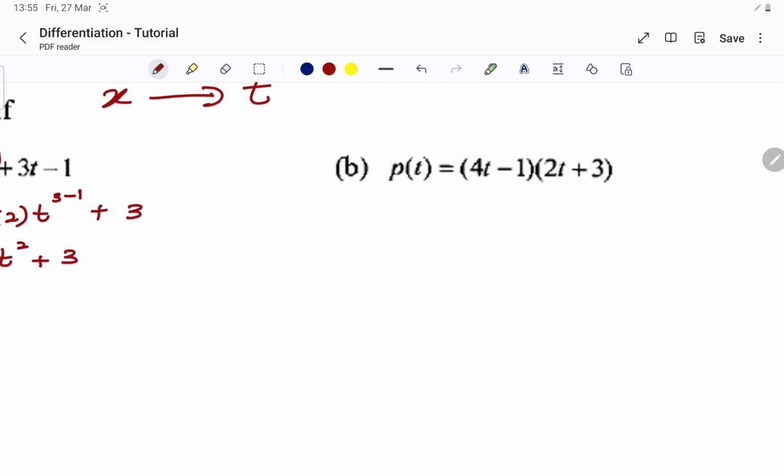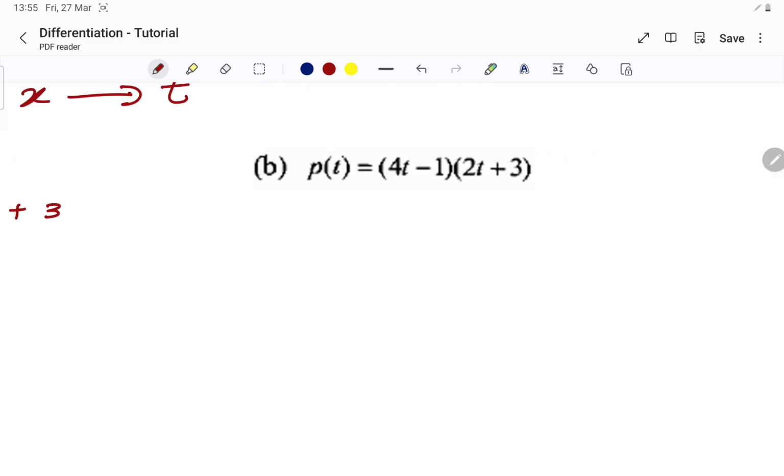Okay, and you do question B, which is also similar, but this time it is in bracket form. To make it easier for you, we expand one by one. Find p(t) first. 4t times 2t becomes 8t squared. 4t times 3 becomes 12t.